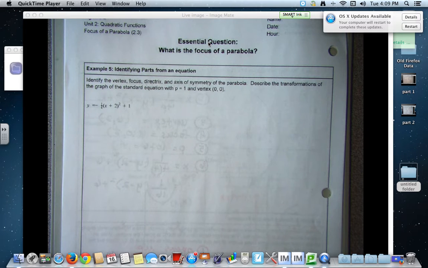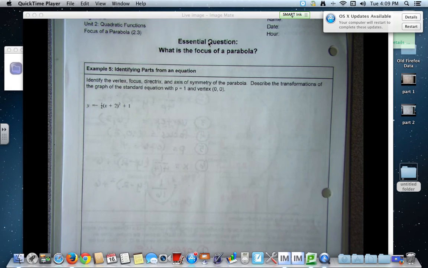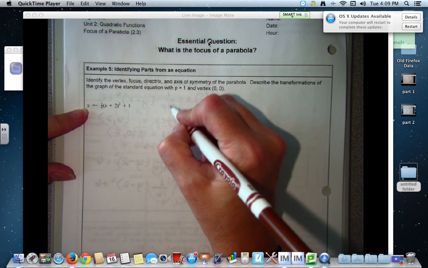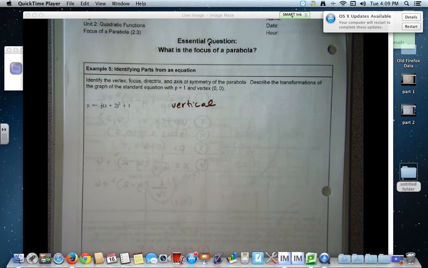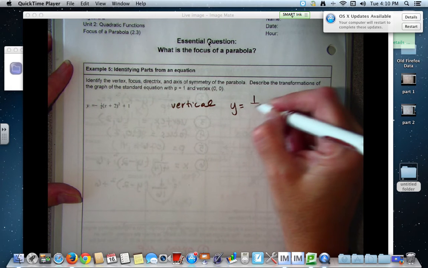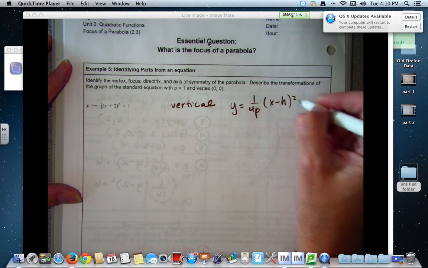So we have y equals negative 1/4 times x plus 2 squared plus 1. Because we have a y equals, we know that this is vertical, which takes the standard form y equals 1 over 4p times x minus h squared plus k.